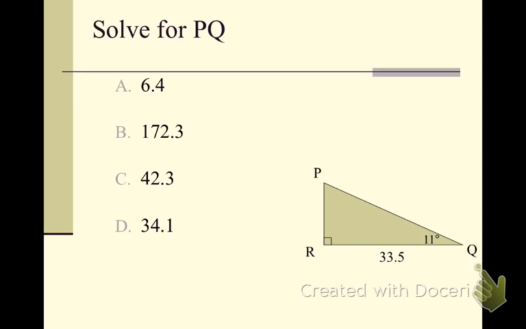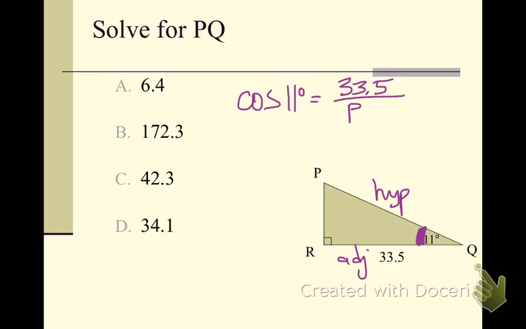Okay, how about PQ? Now we're solving for the hypotenuse. PQ is the hypotenuse. 11 degrees here, angle Q. That means 33.5 is our adjacent side. So adjacent and hypotenuse, that's going to be our cosine. So the cosine of 11 degrees is adjacent 33.5 over hypotenuse PQ.